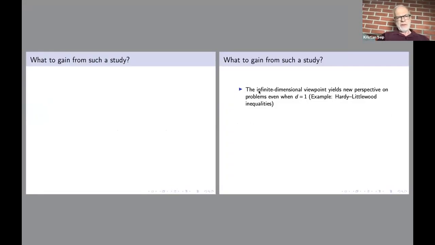And one point, at least surprising to me, is that the infinite dimensional viewpoint, where I keep in mind that we go all the way to d equals infinity, all the way to the spaces curly H^p, surprisingly yields new perspective even in the situation that we believe we know all about, namely the case d equals 1. And I will give you an example of this phenomenon.